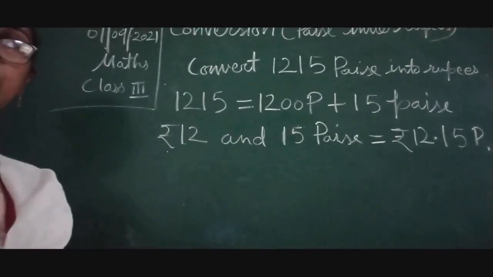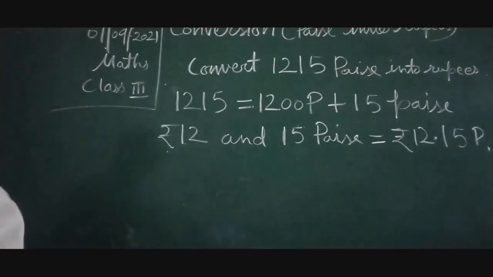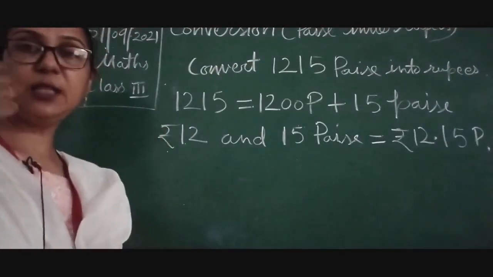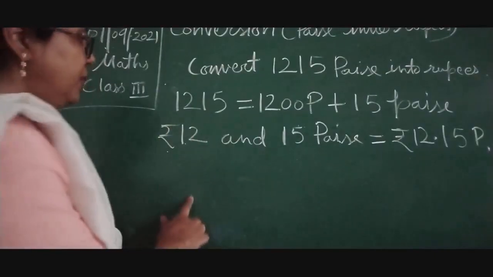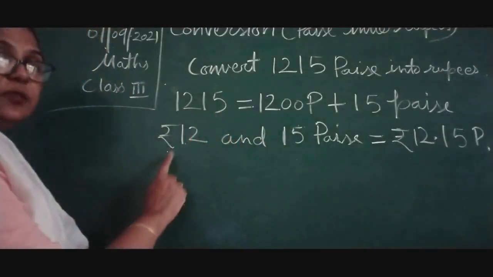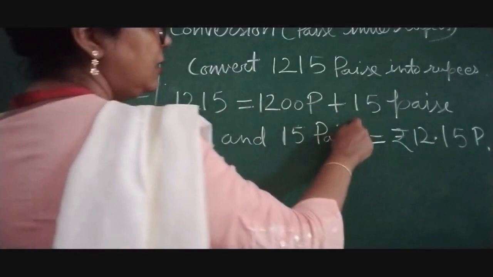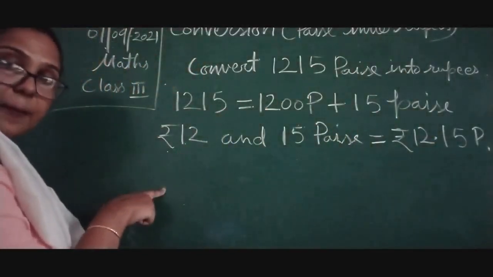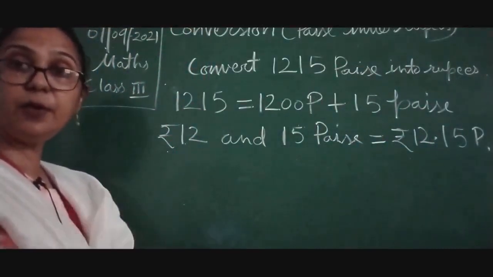Here you can see, children, conversion of paise into rupees. First we will separate this number into hundreds, thousands, tens, ones, whatever is there. Because 1215 is there, first we will separate 1200, then 15 paise. Rupees 12 become, because if we multiply 12 by 100 we get 1200.